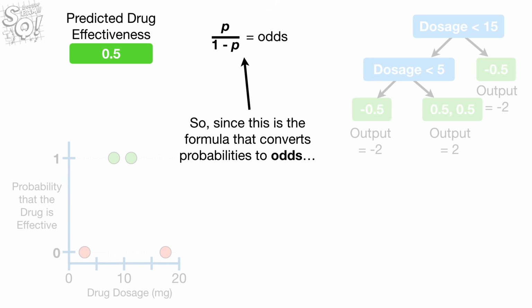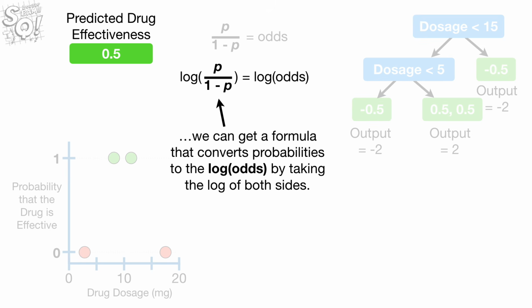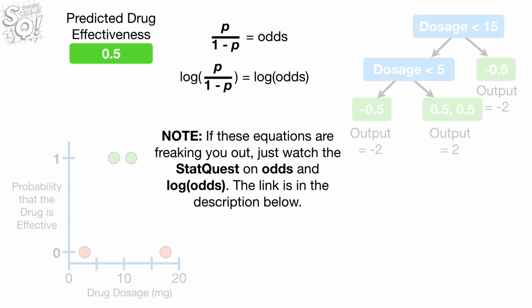So, since this is the formula that converts probabilities to odds, we can get a formula that converts probabilities to the log odds by taking the log of both sides. Note, if these equations are freaking you out, just watch the StatQuest on odds and log odds. The link is in the description below.